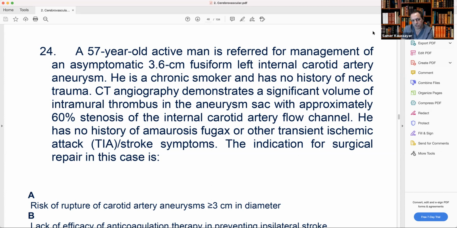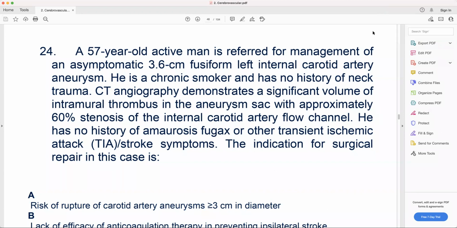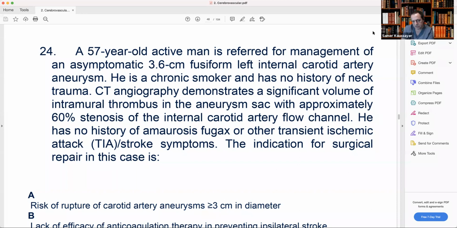If you reach double the size of the internal, they recommend surgery, or 1.5 times the common carotid artery, as one paper said. So more than 1.5 of the common or double the size of the internal. Nobody agrees on a certain size like 2.6 or 2.5 or 2, so always remember that. But even if you don't remember, 3.6 is a big one.